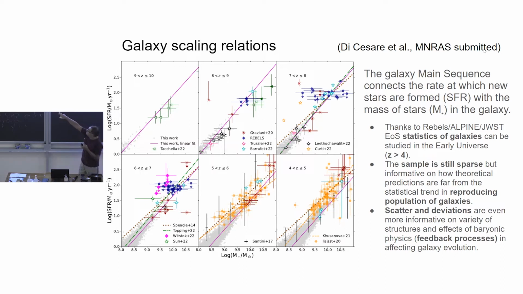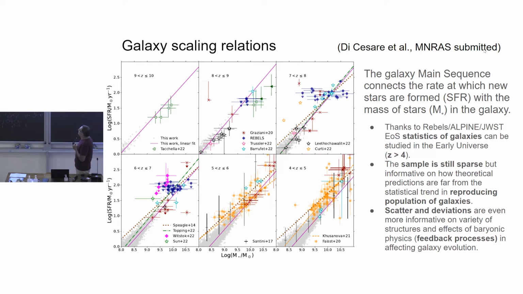As you can see, more and more galaxies are forming. If you follow the redshift evolution of your universe, they distribute basically on a relation, which is the main sequence. Our main sequence is the violet line. And you want to compare our predictions with a sample of observations that we have right now. So all the points are different observations taken from different telescopes.